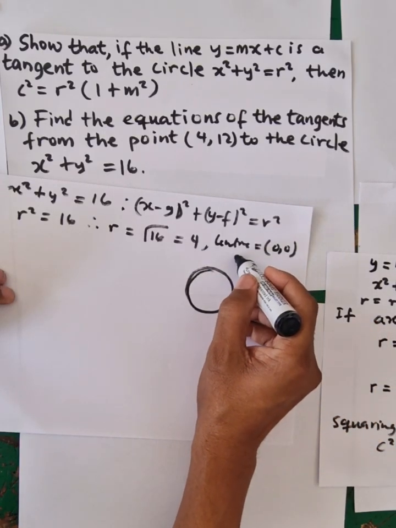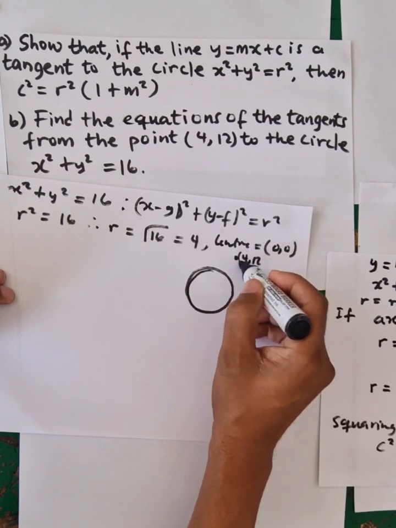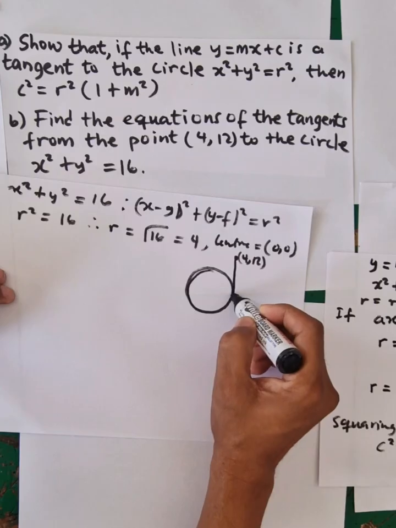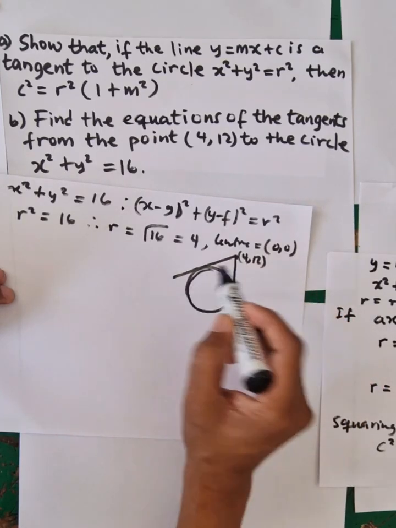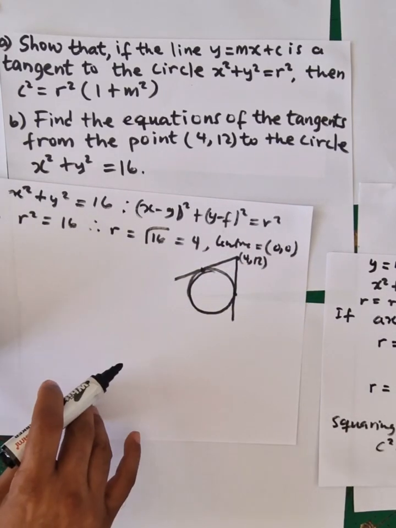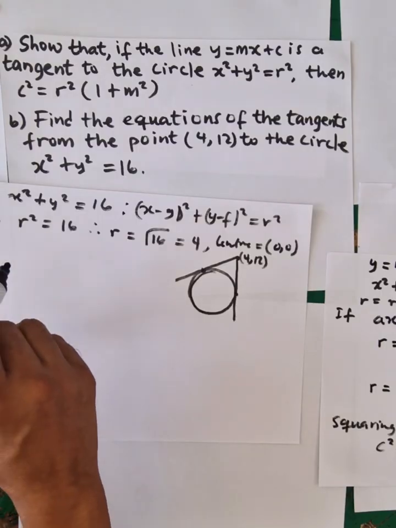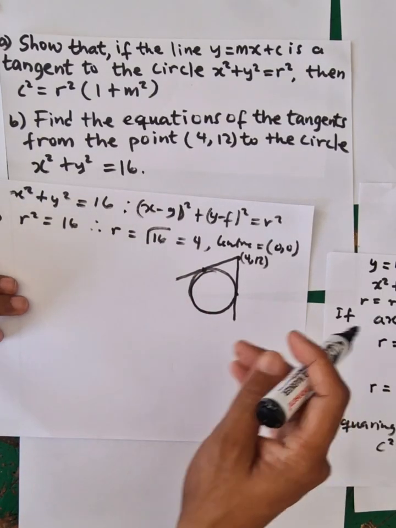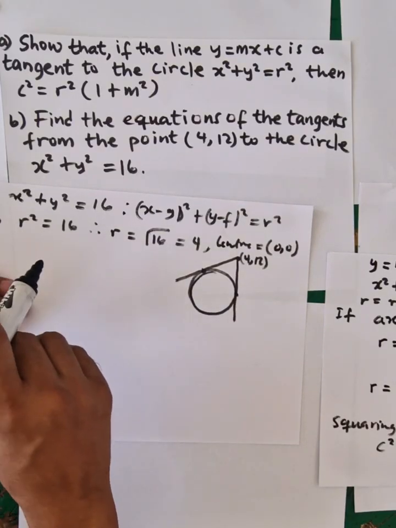Now if this is my point 4, 12, and the line starts over there, cuts here, and then goes there and cuts there, that means we have two tangents emanating from the same point and touching the circle at two different points. So we have two tangents. We have to find the equation of the two tangents.